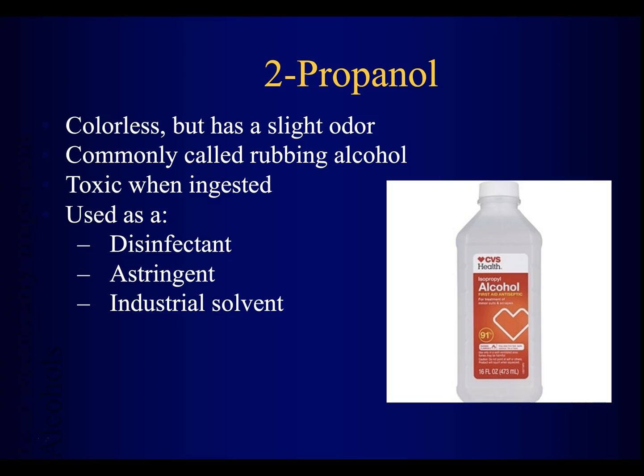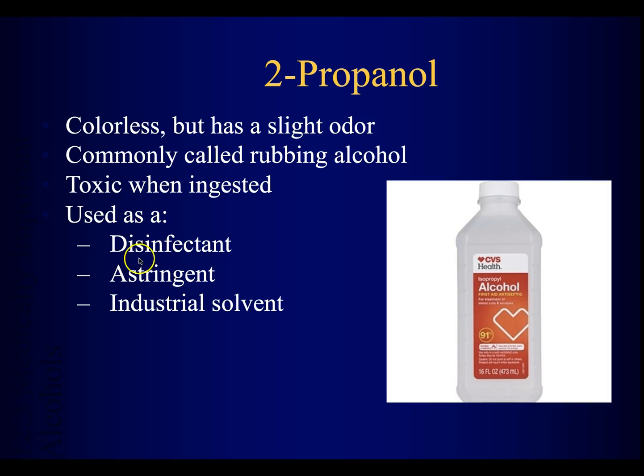So we said another common one was our 2-propanol. This is also colorless, but it has a slight odor, so you do kind of smell that rubbing alcohol when you open it. Like we said, this is toxic when ingested. Our body does not know how to break down this isopropyl alcohol, or the 2-propanol.